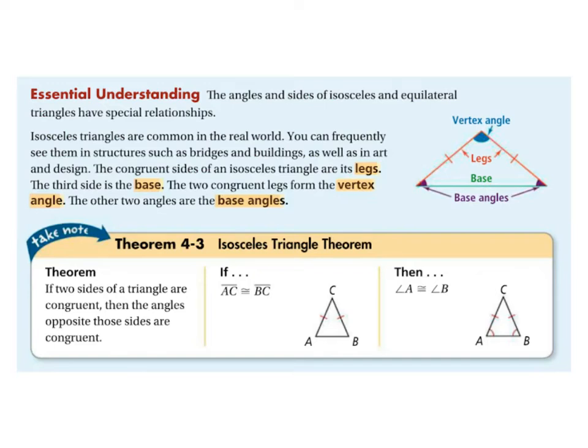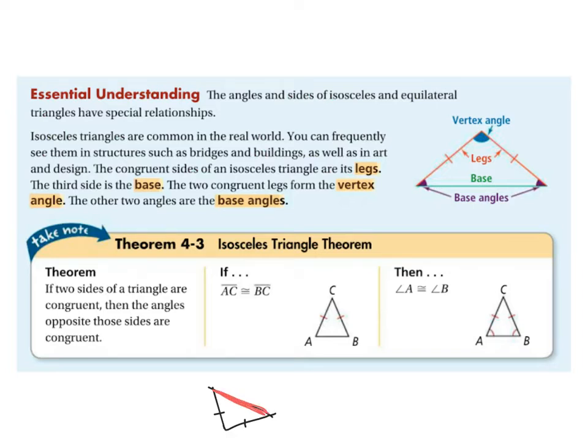You might get a drawing, let's say, that looks like this, and you are told by the segment marks that this is an isosceles triangle. So then this would be the base, even though it's not sitting on the bottom, right?